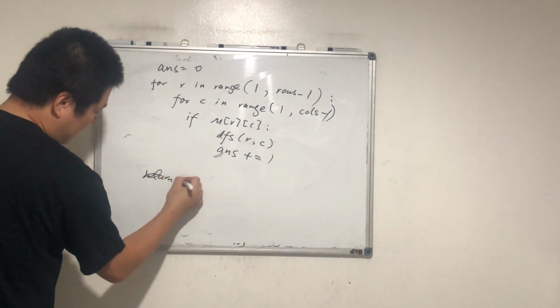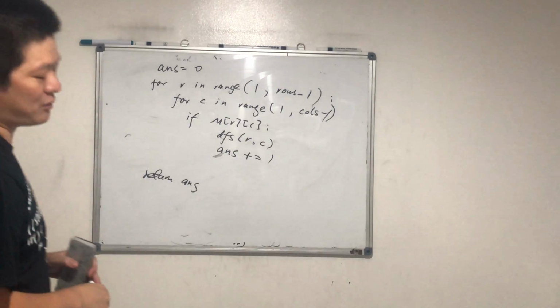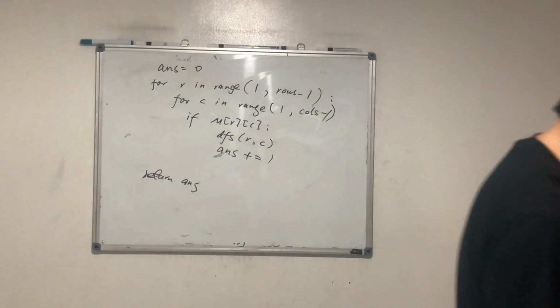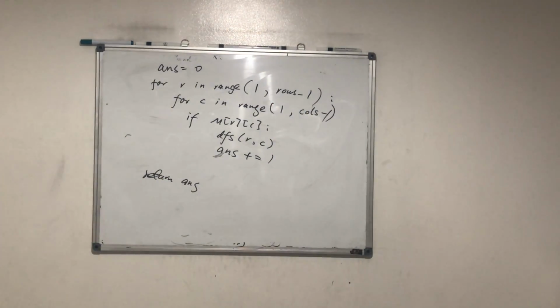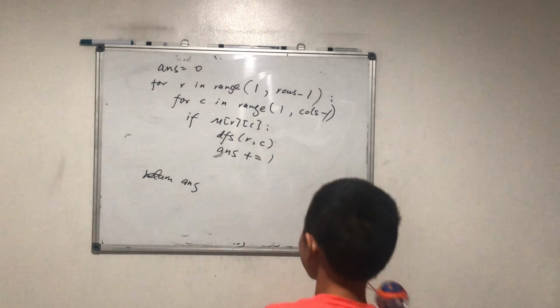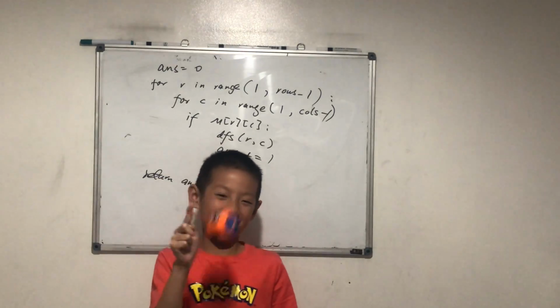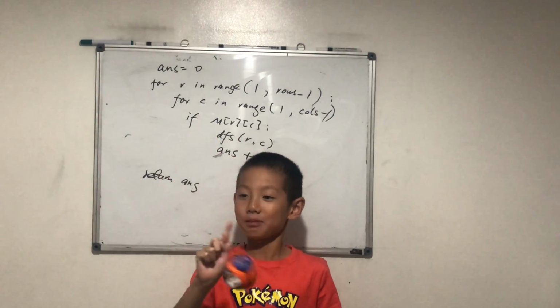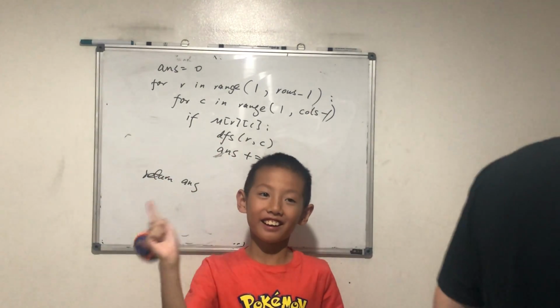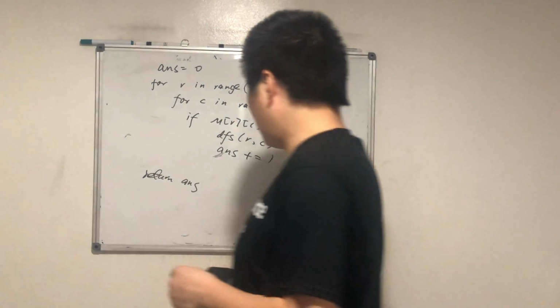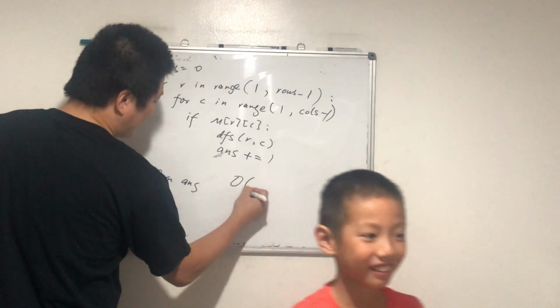What's the time complexity? It's O of R times C. Why is it R times C?